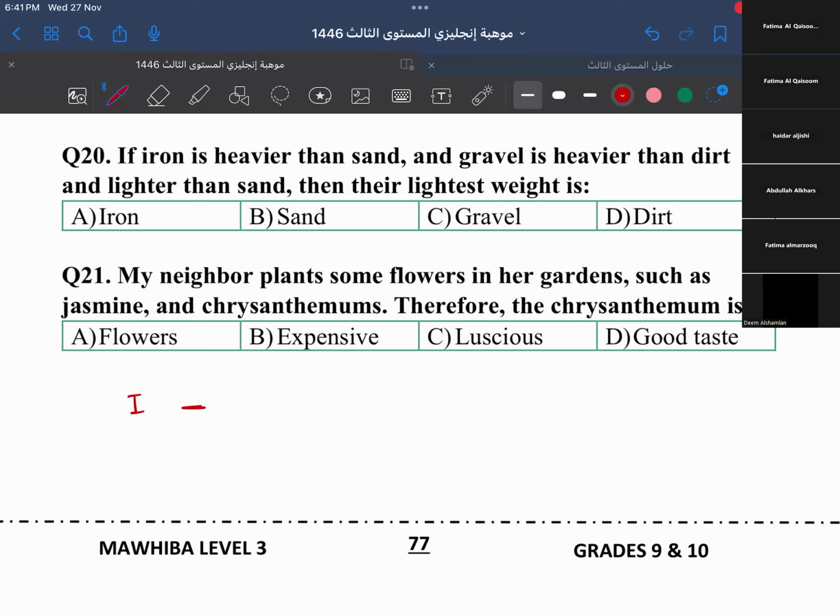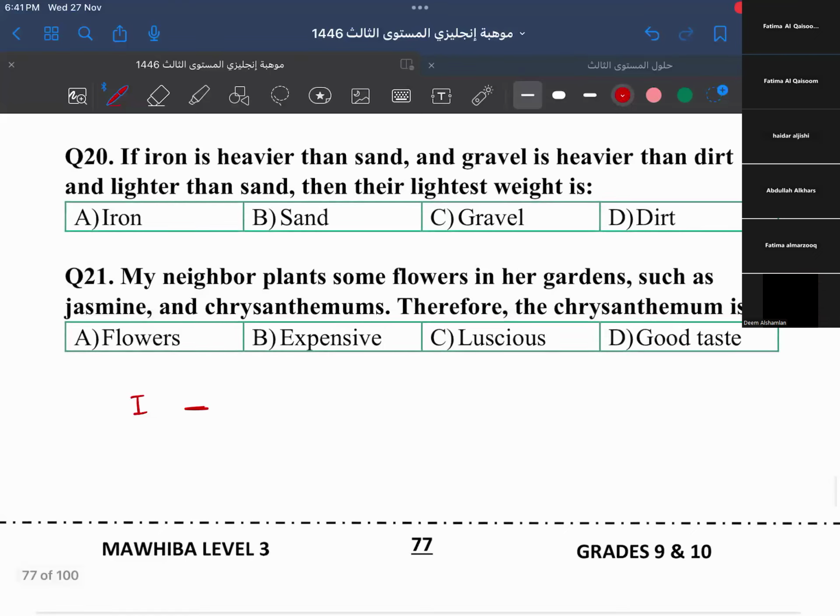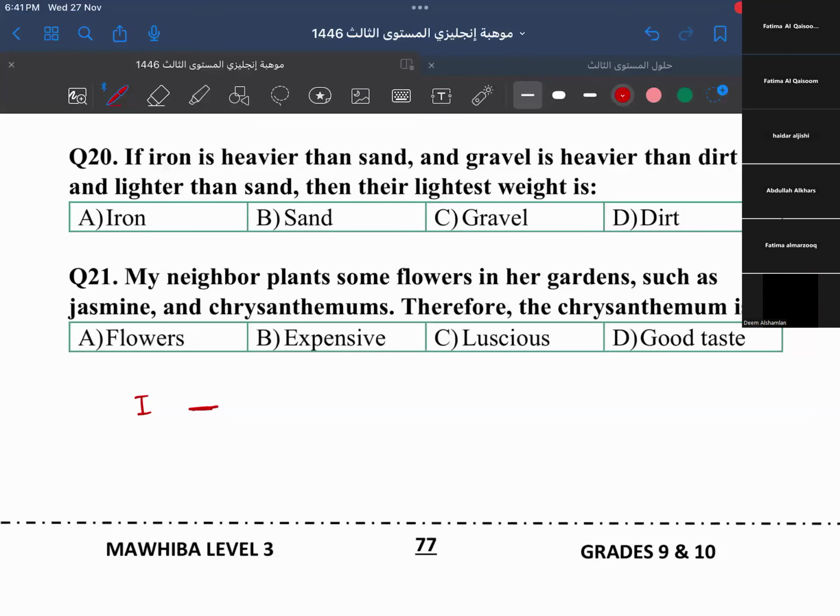Let's try and draw it. Do you remember that we have iron, which is heavier than sand, then we have sand, then gravel, and lastly it's going to be dirt. So here the lightest one is dirt. Yes, exactly. Excellent, Abdullah.